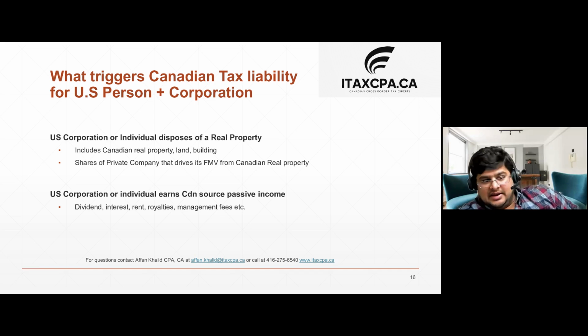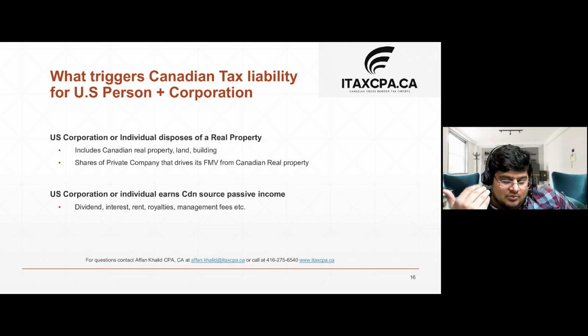These rules don't only apply to real estate held by an individual. If you own shares of a Canadian corporation that derives its value from the underlying real property or resource property, the same rules apply. I can own the same $1 million condo in a Canadian corporation, and the same rules will apply.